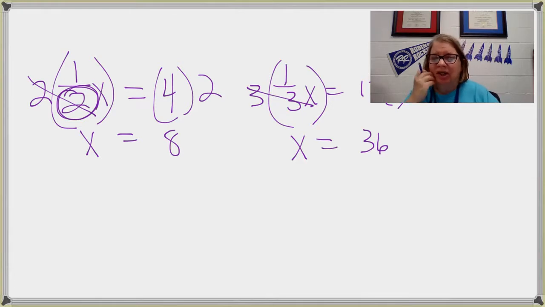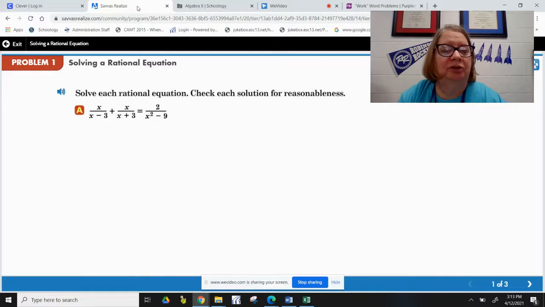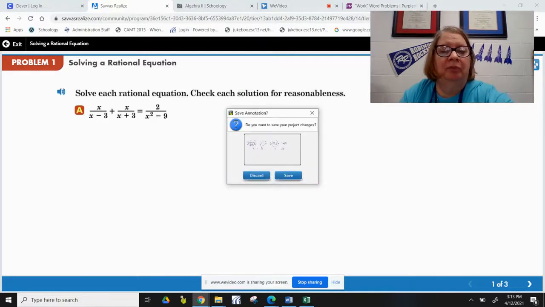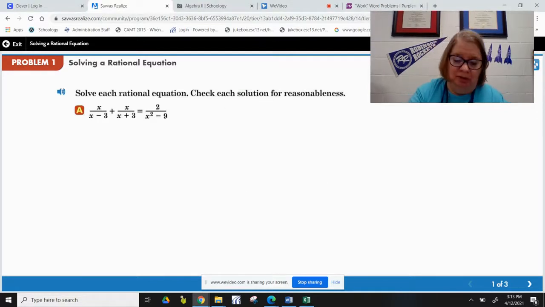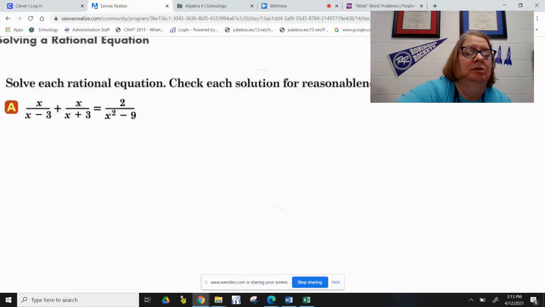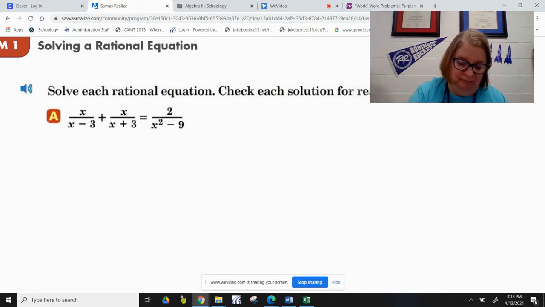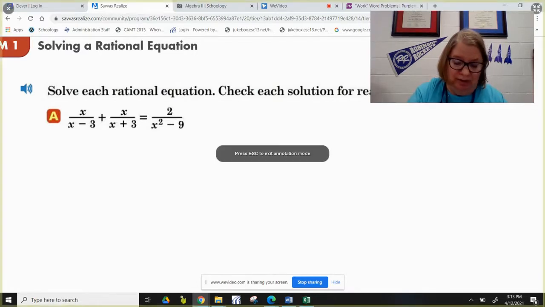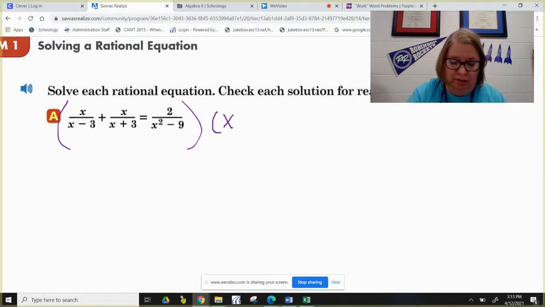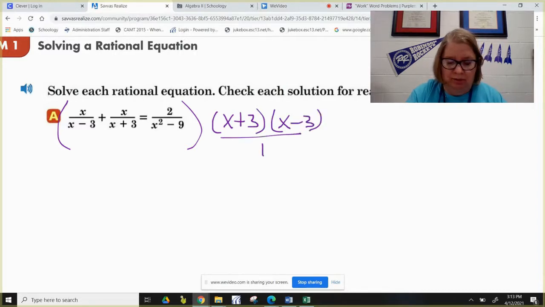Okay, so we've seen this concept of multiplying by the denominator before. Now we're just using it in a rational equation. Okay, so we said that this common denominator was x plus 3, x minus 3. So we're going to multiply this whole thing by x plus 3, x minus 3 over 1.